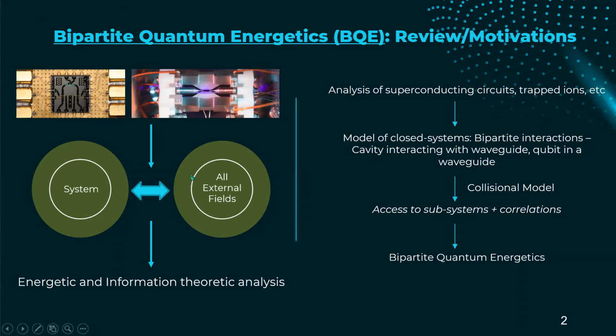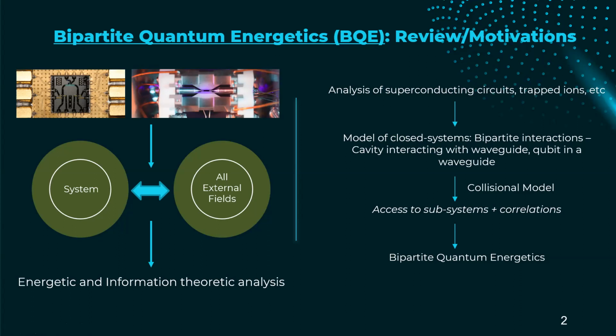And from here we can go to some kind of energetic description, or some information theoretical analysis. For example, in Maria's talk, we saw that it's very useful to have the complete solution and then talk about the measurement results that you can get from your quantum probes, and you can actually get some quantum advantage there. So what's important is that when we model these systems, we should have a closed system solution.